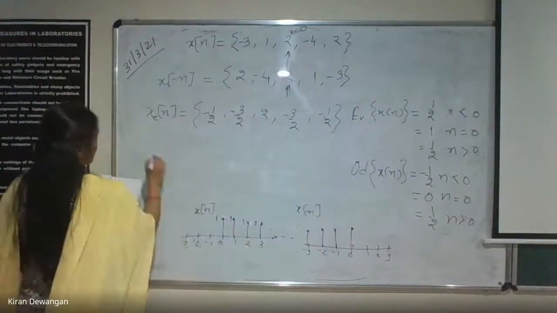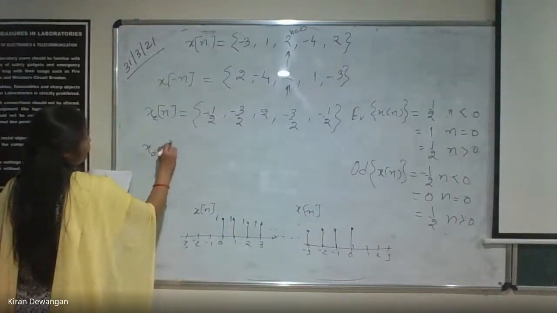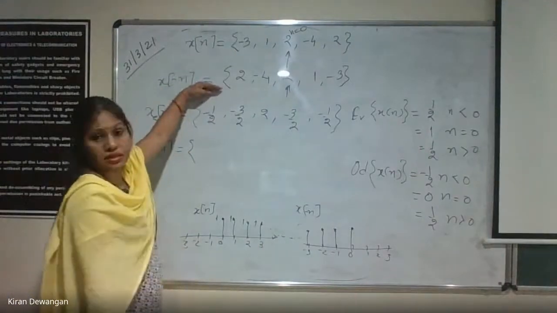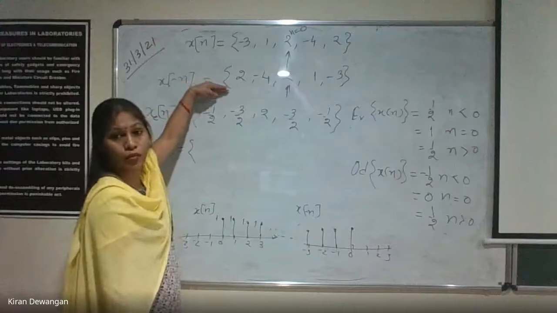ठीक है? Then we have the odd component. Odd component is this minus this. -3 -2 आपको करना पड़ेगा. ठीक है?